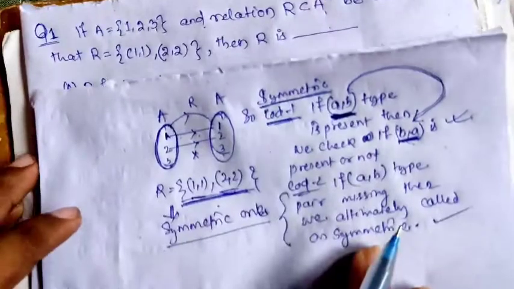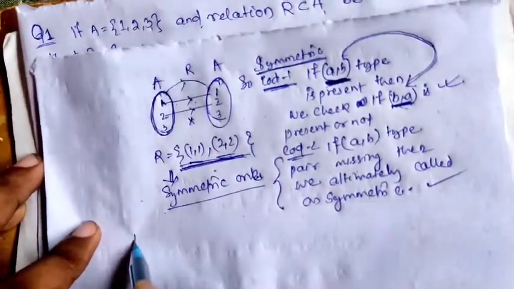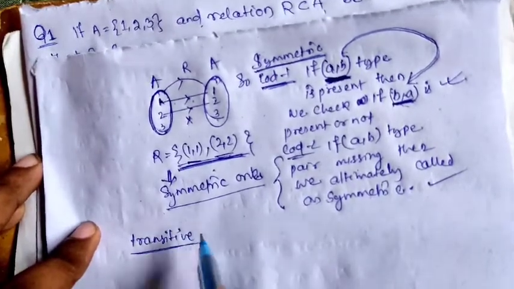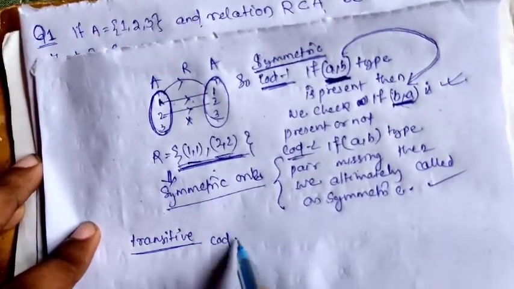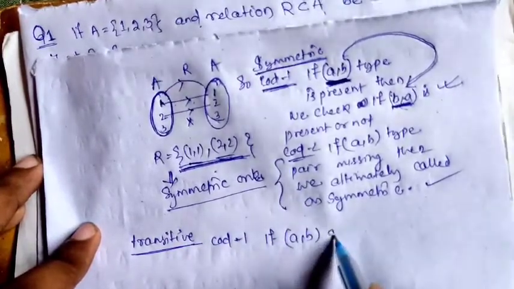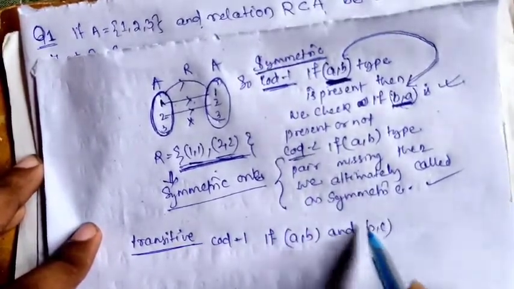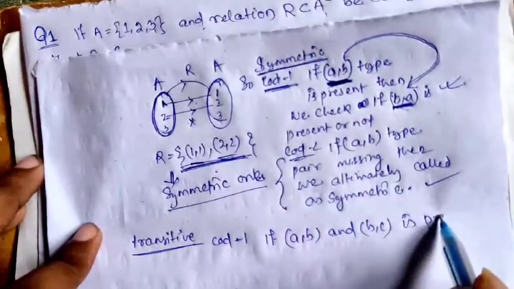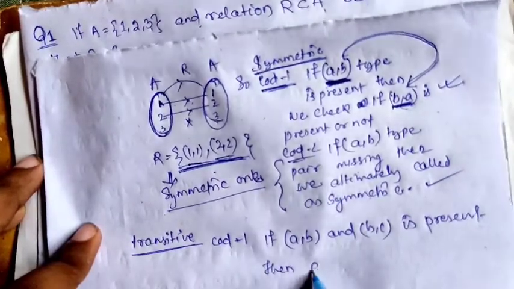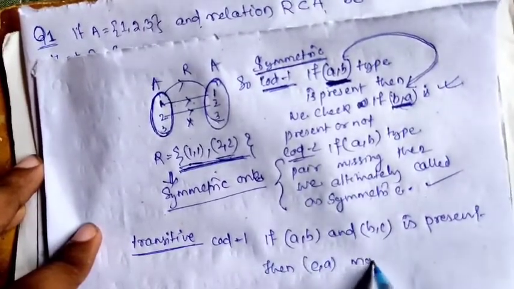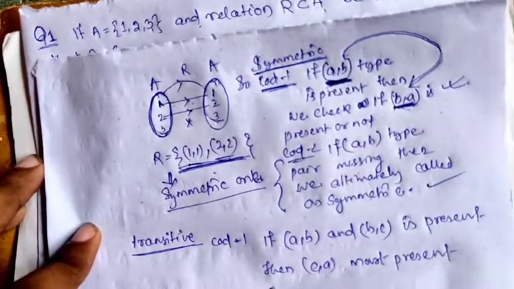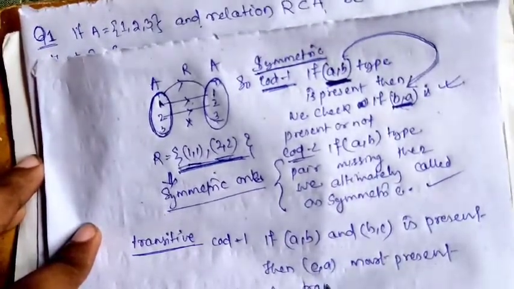for transitive, the first condition says if AB and BC are present, then CA must be present.